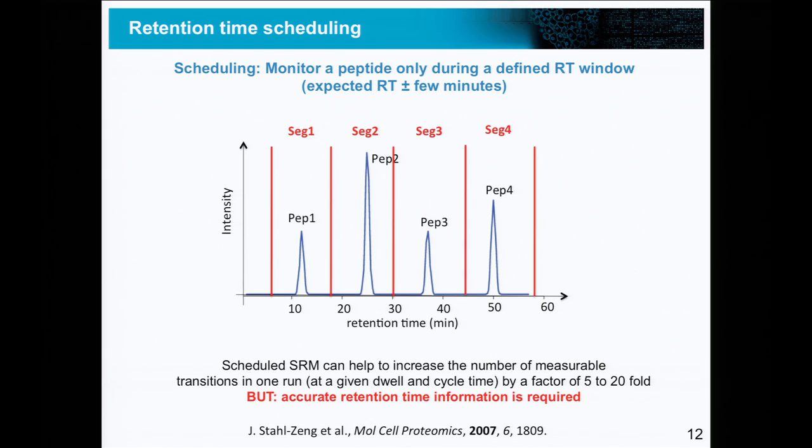But one very important requirement if you want to use such scheduling, and we in the lab, for example, use retention time scheduling for every SRM measurement that we do. Once you have done it, you definitely don't want to miss it, and you will do it regularly. If you want to do this, you need to have accurate retention time information up front, right? You need to have this information available.